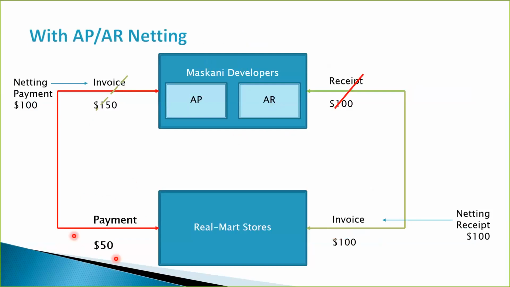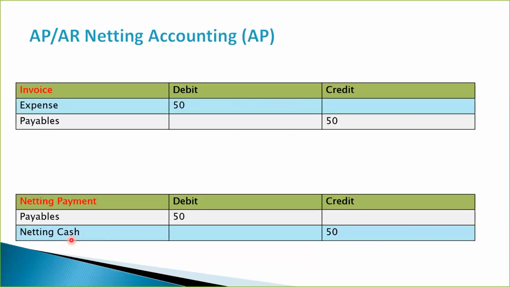So an actual payment for this will be created, whereby this will be the actual cash account and not this dummy cash account, because here we are actually writing a check and sending it to Realmat stores. So that's a real payment. These others are just dummy documents created by the netting program, so as to settle accounts.